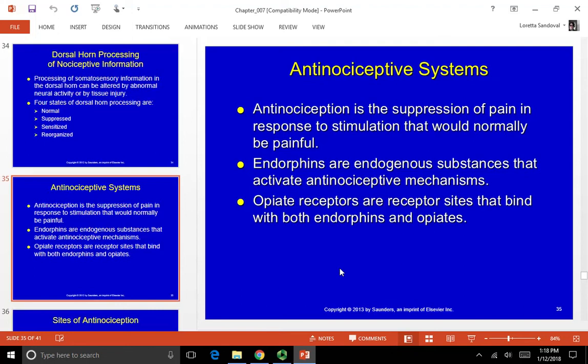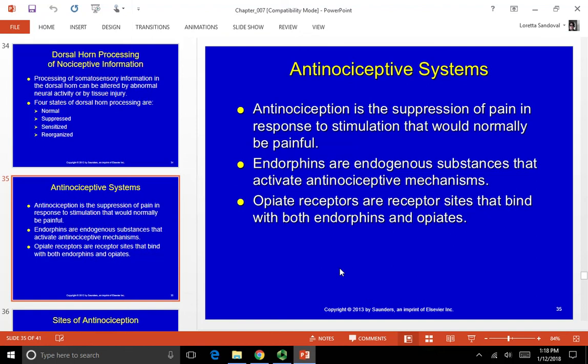So antinociception is a suppression of pain in response to stimulation that would normally be painful. Endorphins are endogenous substances that activate antinociceptive mechanisms. Opiate receptors are receptor sites that bind with both endorphins and opiates.